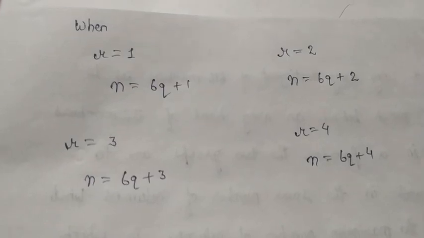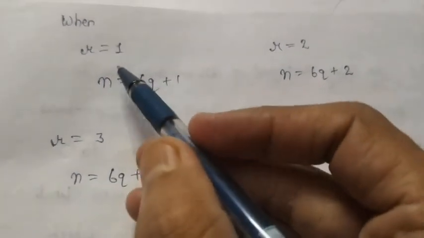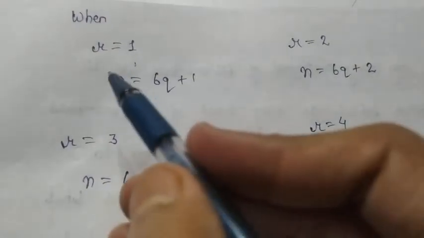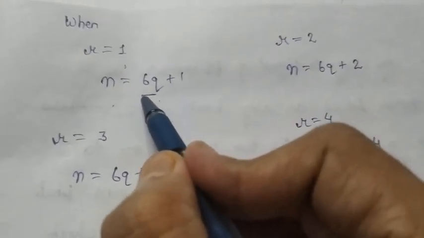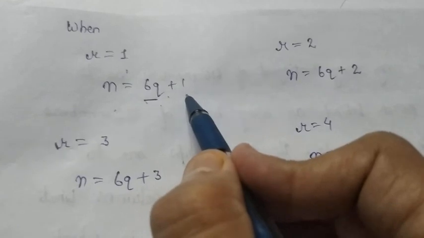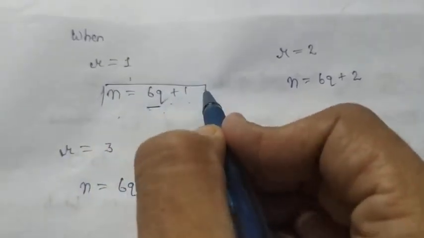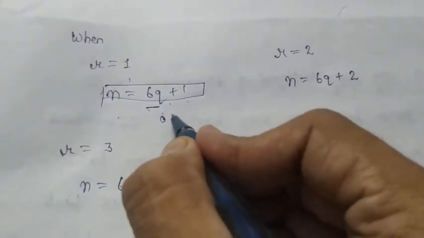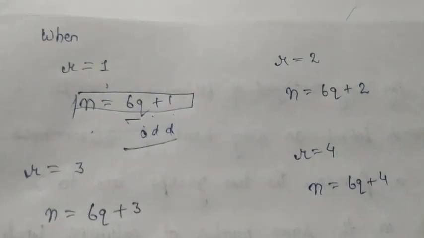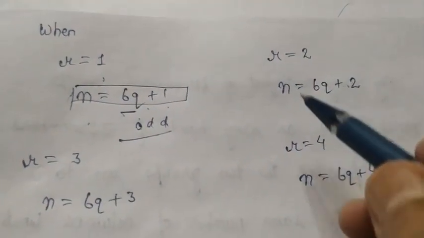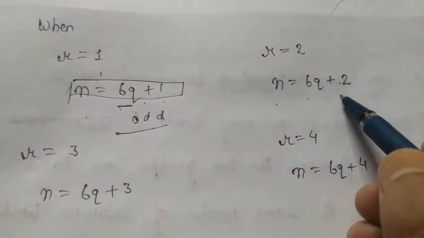Now when you put r equal to 1, you get n equal to 6q plus 1. Now see, 6q was even, and even plus odd is always odd. It means 6q plus 1 is an odd number. Now when r equal to 2, you get n equal to 6q plus 2.